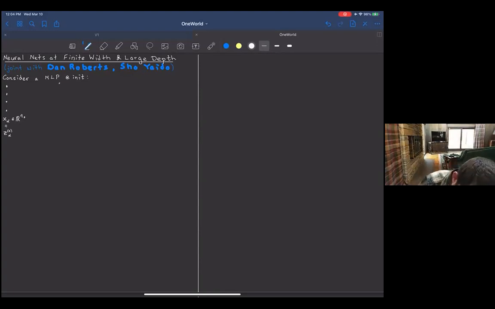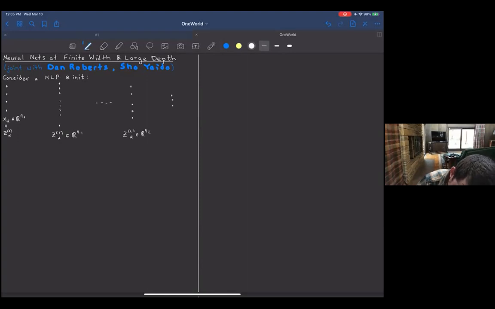Then the vector of pre-activations at the first layer is what I will call z^1_alpha. This belongs to R^{n1}, so n1 is my first hidden layer. This proceeds until the penultimate layer, so I get a z^L_alpha, and this is a vector in R^{nL}.